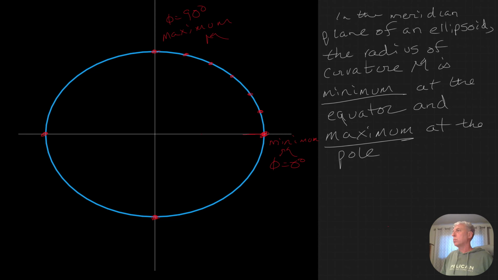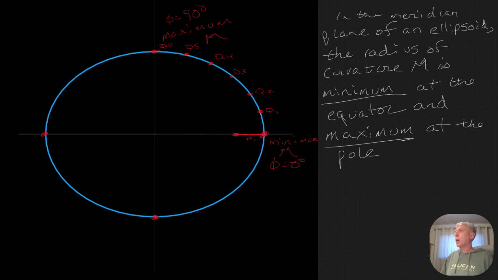So here's my M. Let's call these points Q1, Q2, Q3, Q4, Q5, Q6. I'm just naming my points.